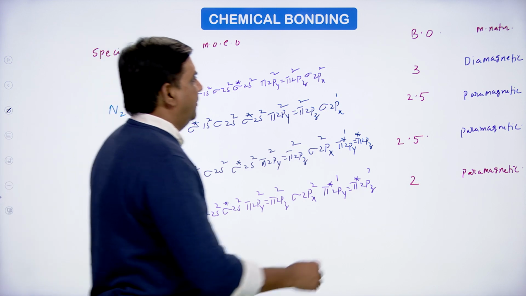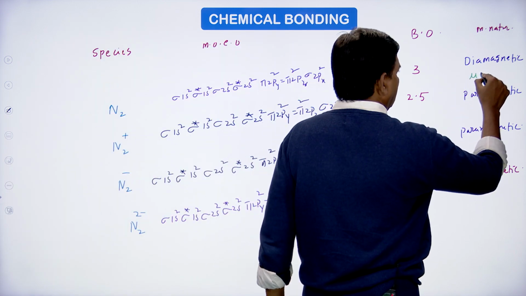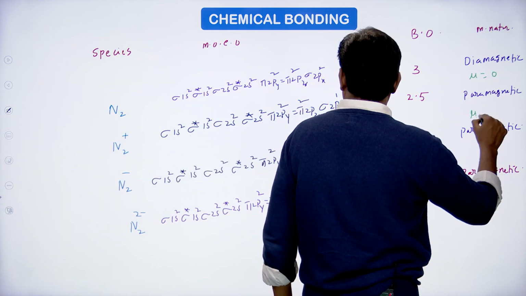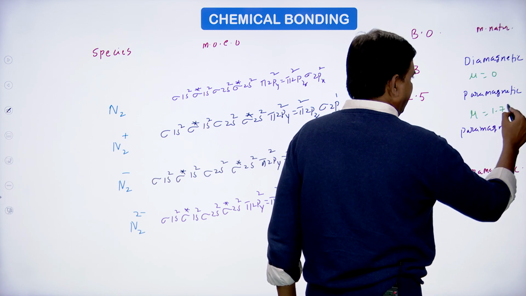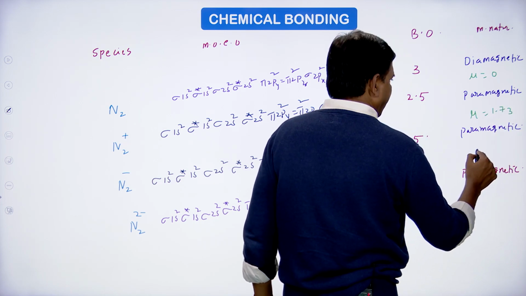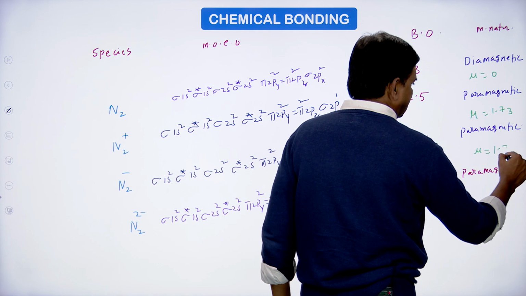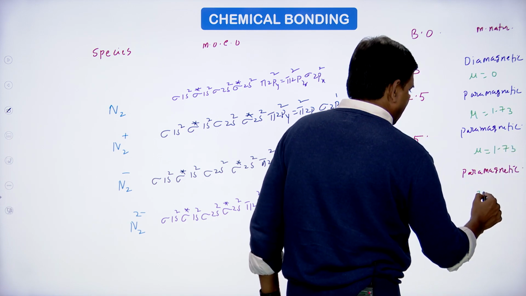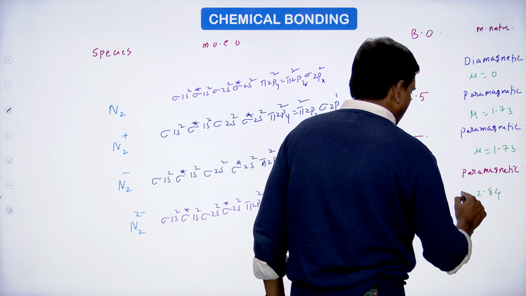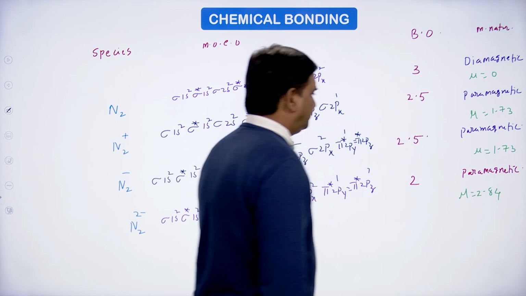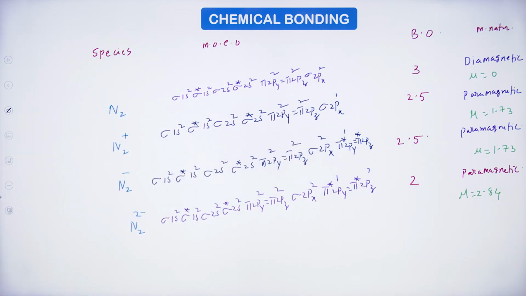And here mu is equal to 0, and mu is equal to 1.73 Bohr magnetons, and here also mu is equal to 1.73 Bohr magnetons, and this is 2.84, like this. This is all species.